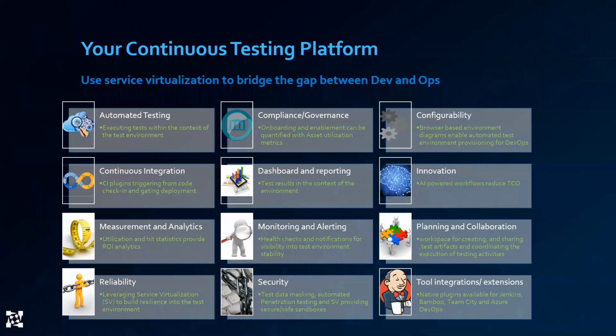I'm not going to go through each one of these, but using service virtualization to its fullest extent allows you to significantly reduce the impact of DevOps on your test environments, and it can be a key enabler. So look for a service virtualization solution that's looking to do more than just simply simulate a service.